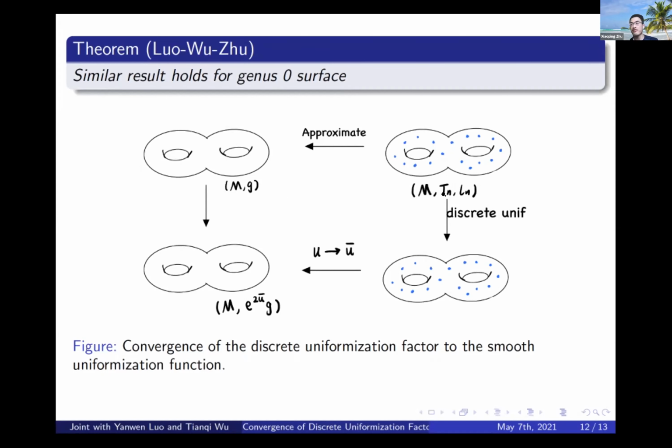And we know from our theorem that, for the genus larger than 1 case, it is discrete uniformized to a hyperbolic metric. And this U defined on the vertex set is very close to U bar. But we do not provide any algorithm.